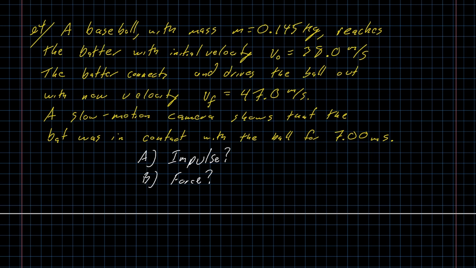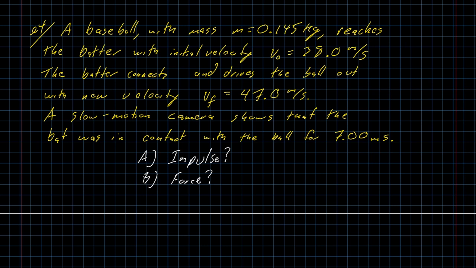And then once we have that, we'll be able to use it to figure out the force. To be perfectly honest, I'm not that interested in the impulse, but this is one of those places where I like to ask an intermediate question just to lead us in the right direction. We can use impulse, and that will be the tool that we need to figure out the force.